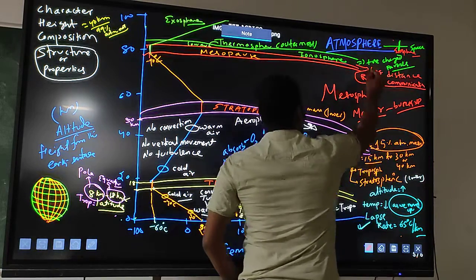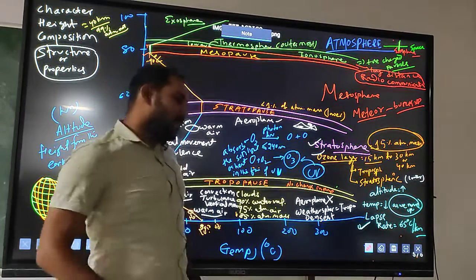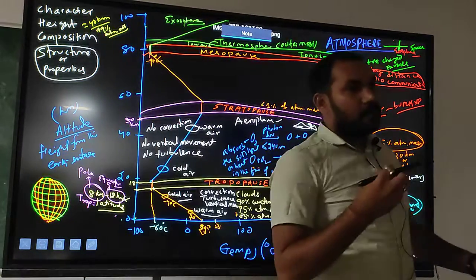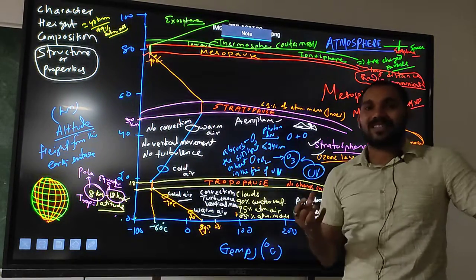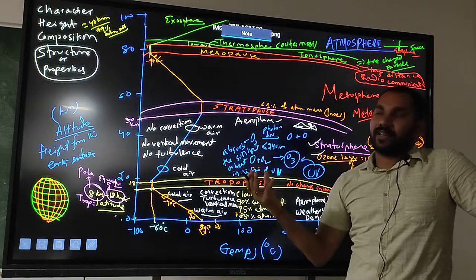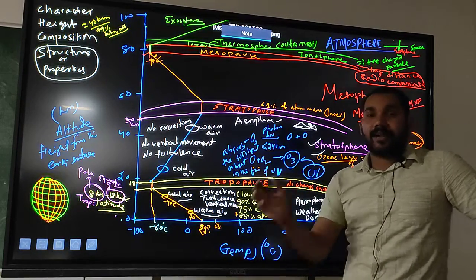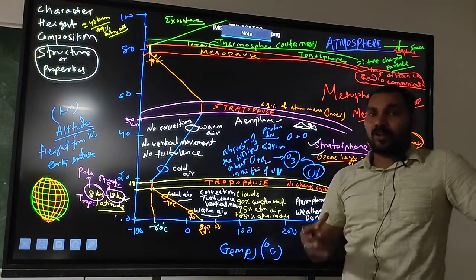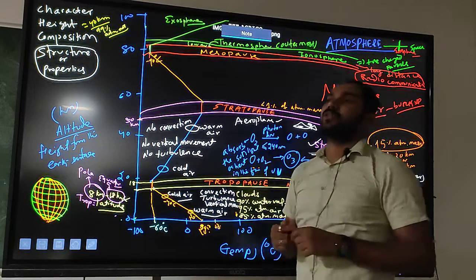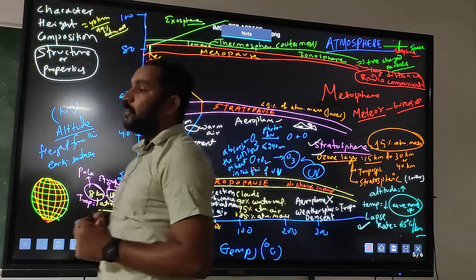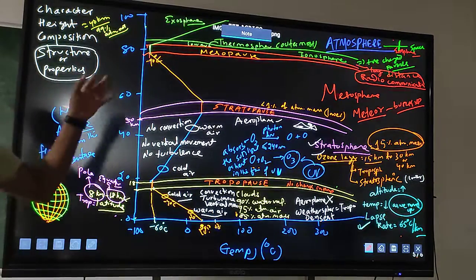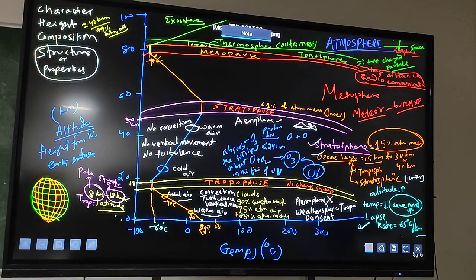That means if news occurs in Australia, it can be communicated to India. So long distance radio communication happens due to the ionosphere. And remember, the ionosphere contributes the positively charged particles. Okay.